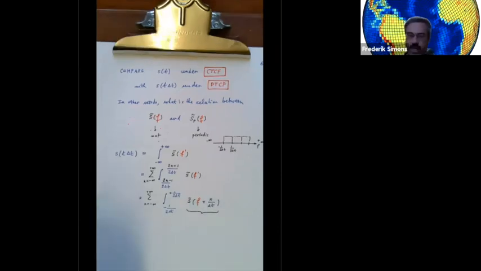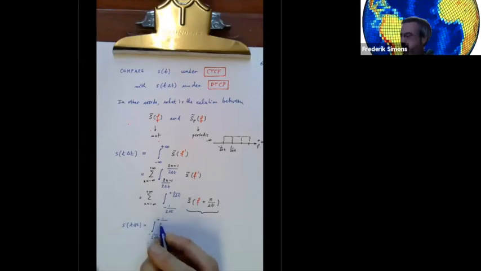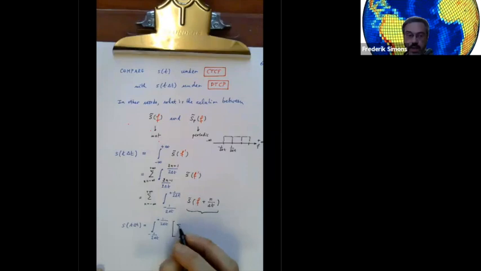And the result is this, that S of t delta t, the sampled time function, is this integral from minus one over two delta t to plus one over two delta t of something I've just literally made to show you that it contains an infinite sum of contributions of the S wiggle function at these frequencies plus n delta t.